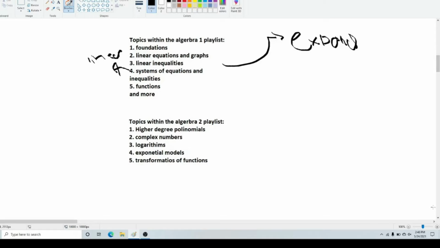And so we expand upon these Algebra 1 topics, and we also cover some new stuff such as higher degree polynomials. We extend our knowledge of numbers and talk about complex numbers, logarithms, exponential models, transformations of functions, and there's so much more.